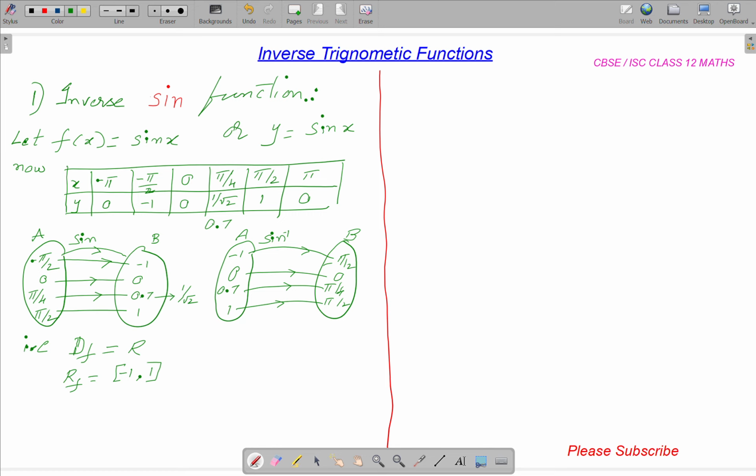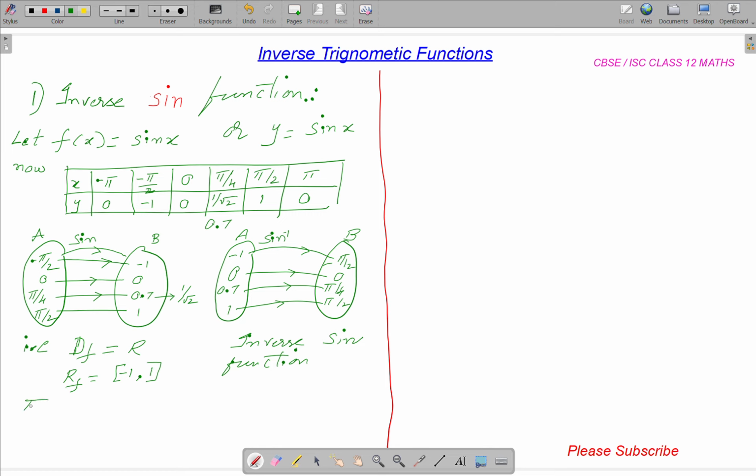Since this is the inverse sine functional mapping, and now this is the sine functional mapping.